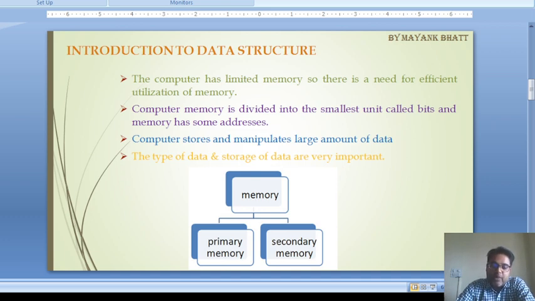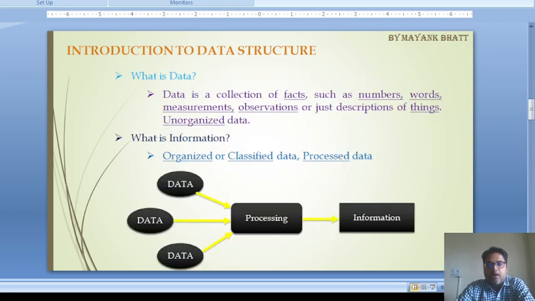The first one is the primary memory, and the second one is the secondary memory. The primary memories are those which are directly used by the processor during processing or execution time, and the secondary memories are those which can be used to retrieve data into the primary memory. So that is the focus on memory.